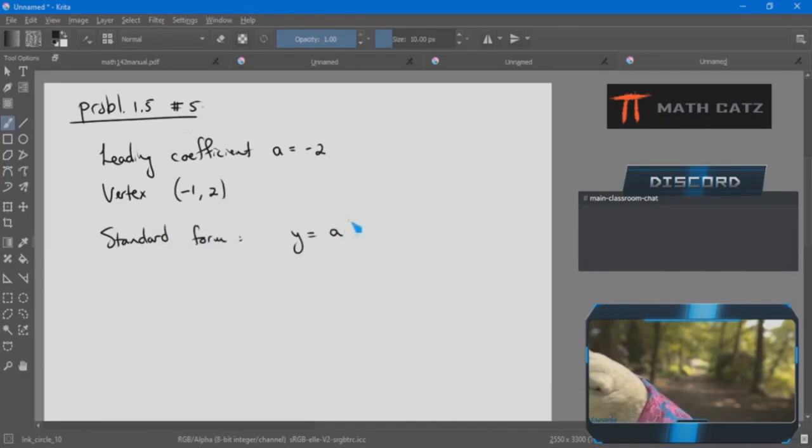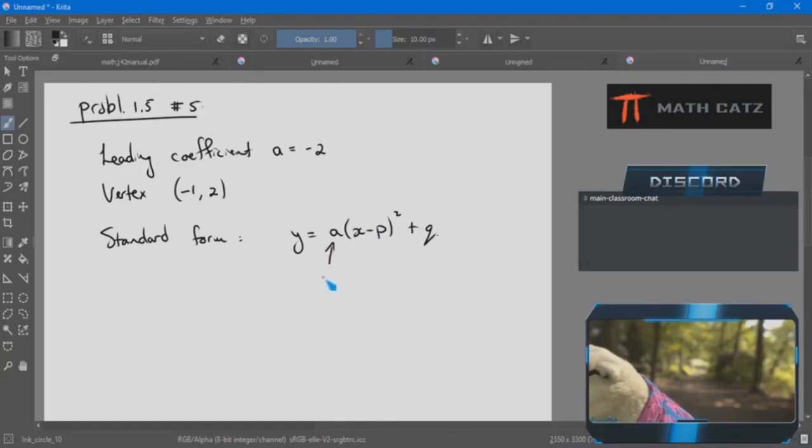So, standard form, or PQ form, y equals a(x minus p) squared plus q. It's always minus here. So that if p is a positive number, then the transformation to x minus that number is a shift to the right, which makes it convenient that the vertex coordinate is exactly that p.